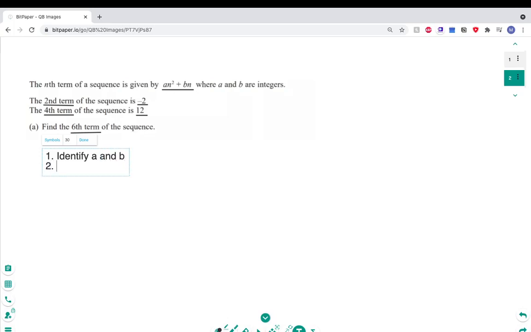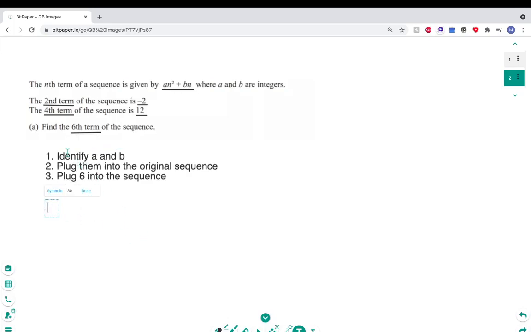And once we've identified that, plug them into the original sequence, and then plug 6 into the sequence. And then that will allow us to identify what the sixth term of the sequence is.